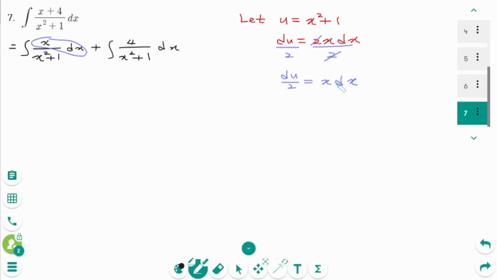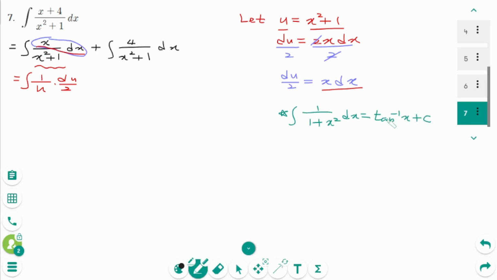Then change all x into u. The integral of x dx is du over 2, and 1 over x squared plus 1 is 1 over u. For the second one, use the formula: the integral of 1 over 1 plus x squared dx equals arctangent x plus c.